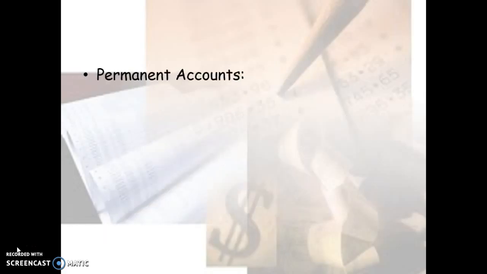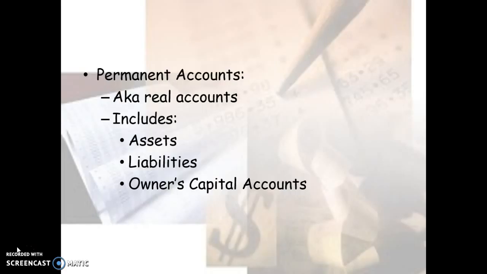Okay, so our refresher from last semester, starting with our permanent accounts. And these also could be referred to as real accounts. And so our permanent accounts will include our assets, liabilities, and owner's capital accounts.